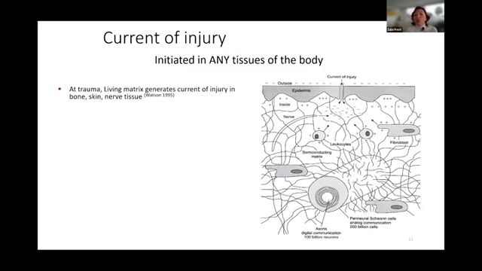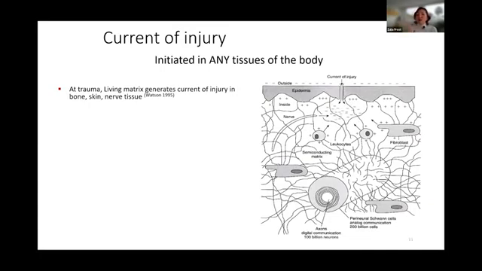So the body produces the so-called current of injury, and it can be initiated in any tissues in the body. So this is a demonstration of this concept on the skin. So you have broken skin. Immediately, the flow of the electrons creates a pool, a vortex, a negative current.